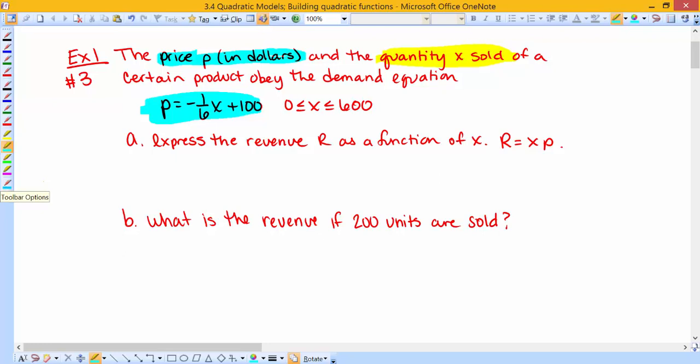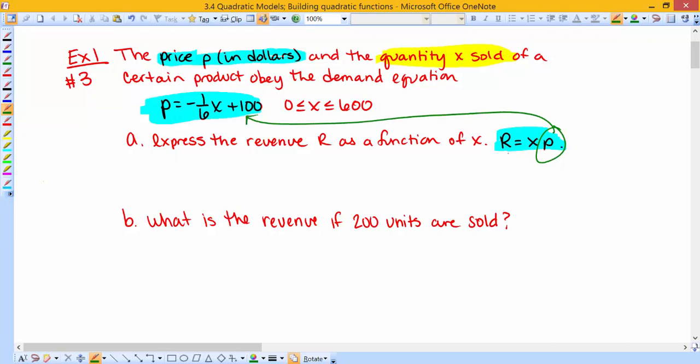So in A, you are asked, and this equation you're actually going to need for some of your homework questions, R equals X times P. We know P. P is given to us.